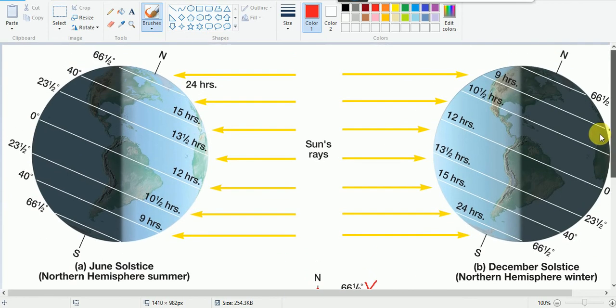Our earth's axis is inclined from the vertical plane by 23 degrees 30 minutes. So our earth's axis is inclined in this way.